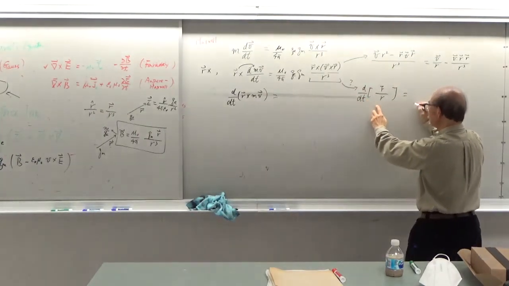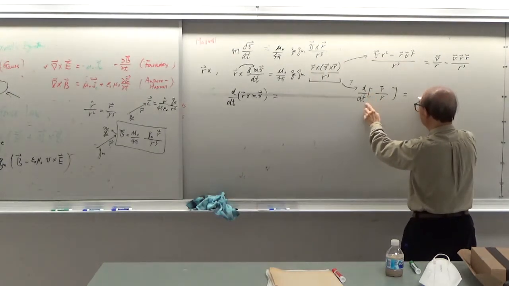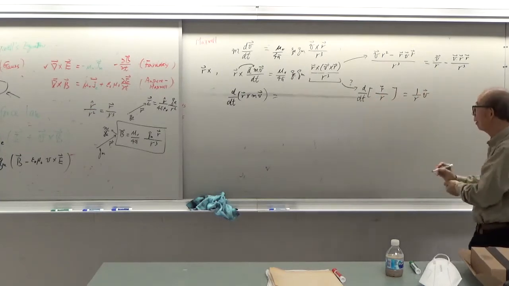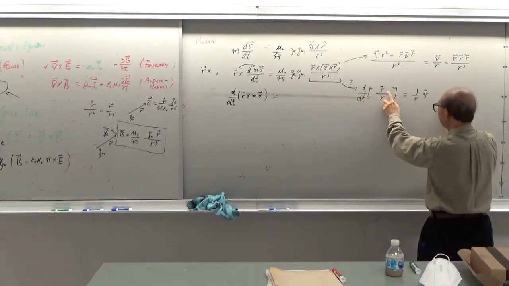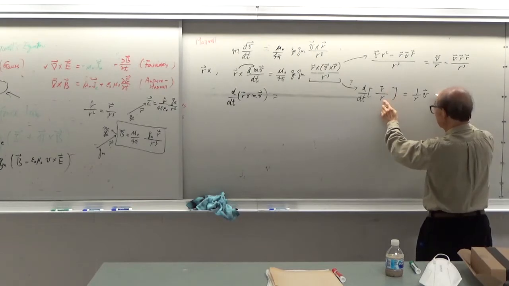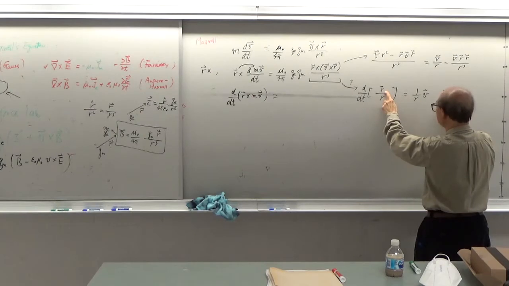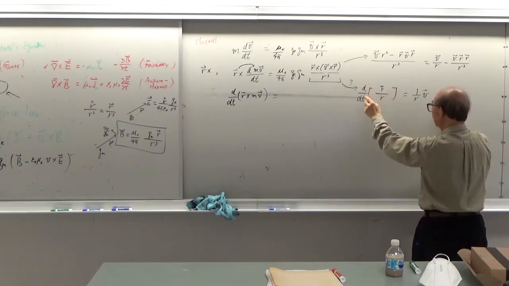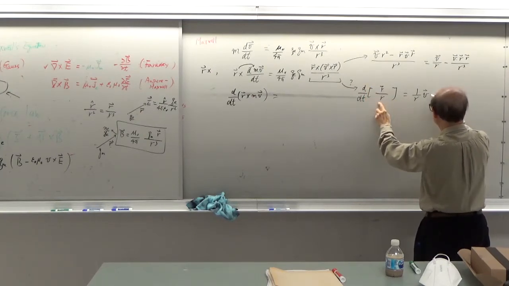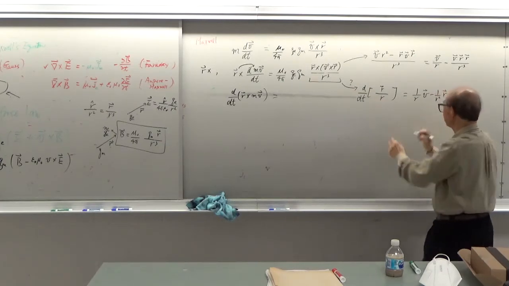There are two terms. One is dr/dt divided by r, so it's 1 over r times dr/dt, which is v. Then you have plus r outside, then d/dt of 1 over r, which is minus 1 over r squared dr/dt.